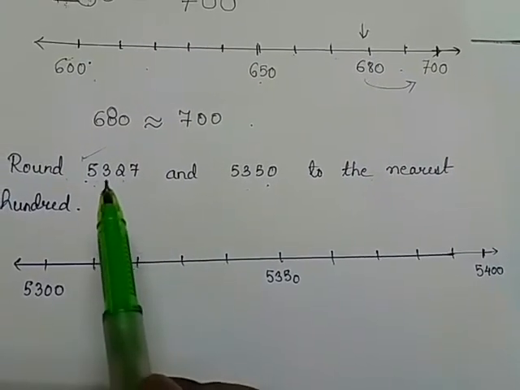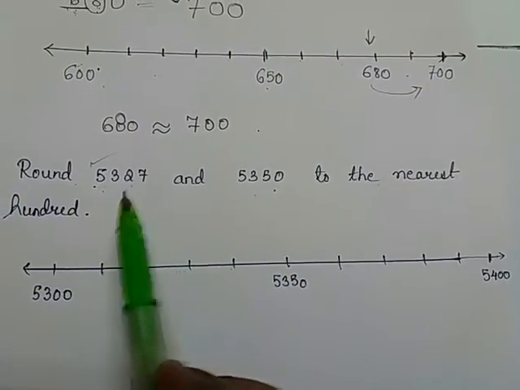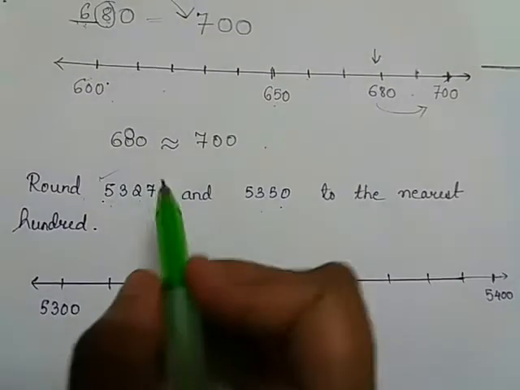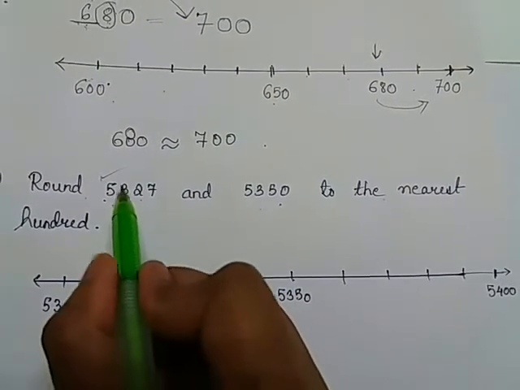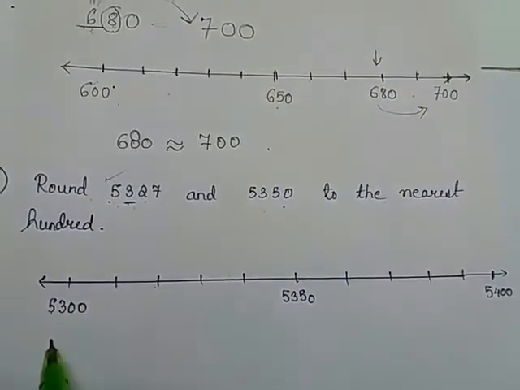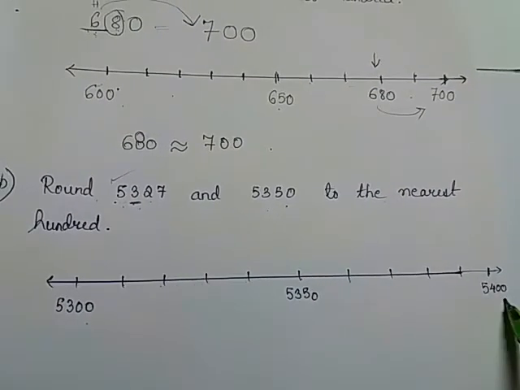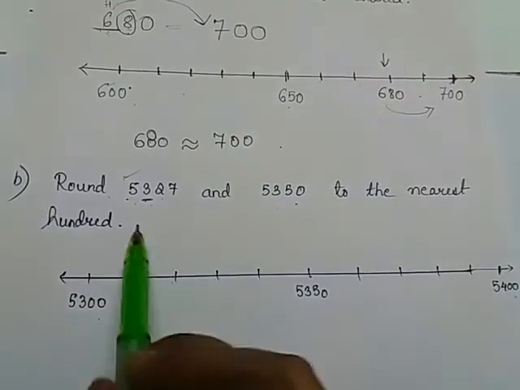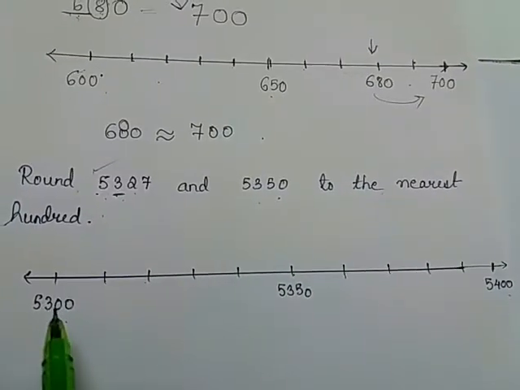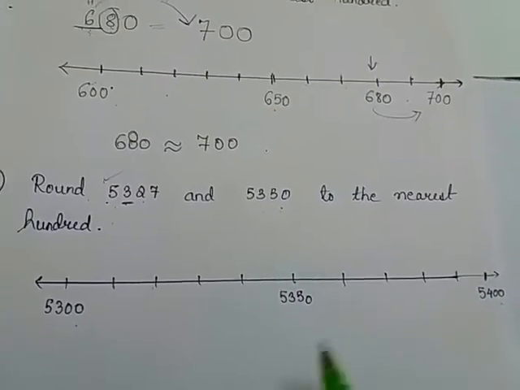Now see here, we have to round these numbers to the nearest 100. That means at this place we have to round. That's why we are taking 5300 to 5400, because both these numbers will definitely lie between these two numbers.